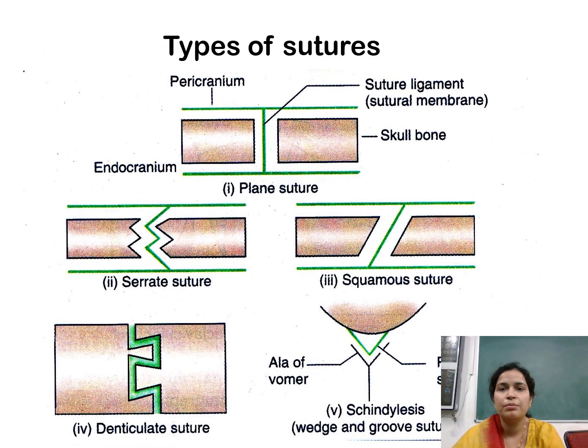With the help of sutural ligaments and sutural membrane they are united. It is a fibrous type of joint.